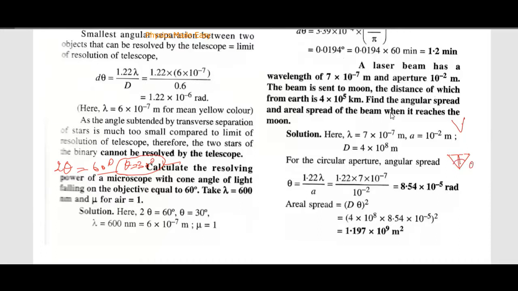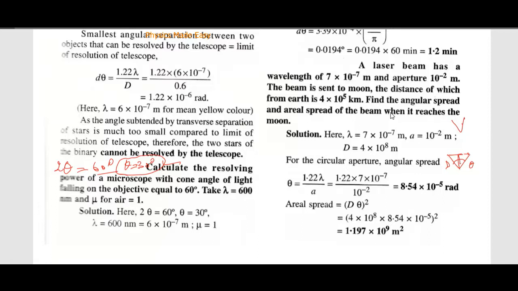this is the angle theta. This angle theta is given and this distance is given. Now aerial spread is you just find out this distance and takes care of it. And here we don't multiply with pi.